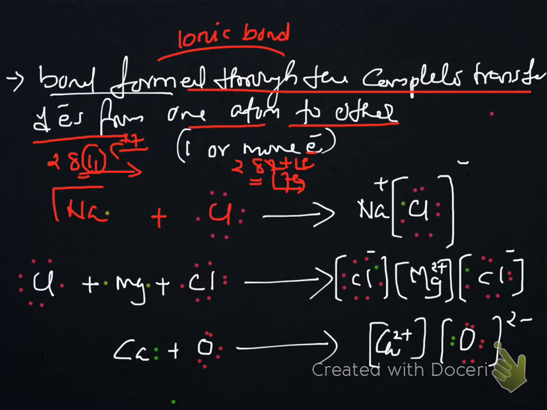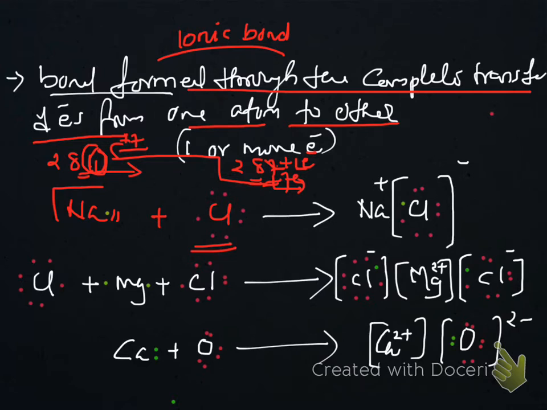But the simplest way for both sodium and chlorine is the donation of 1 electron by sodium to chlorine, such that 7 plus that 1 electron makes it 8. In the figure you can see this green electron, the valence electron of sodium, and the 7 valence electrons of chlorine shown in rose color.